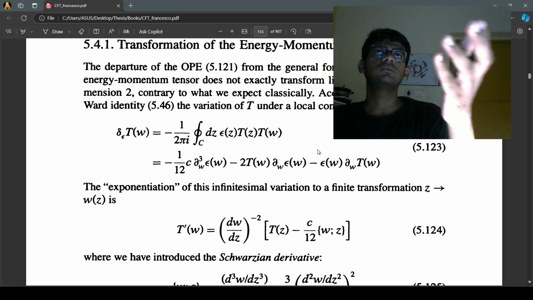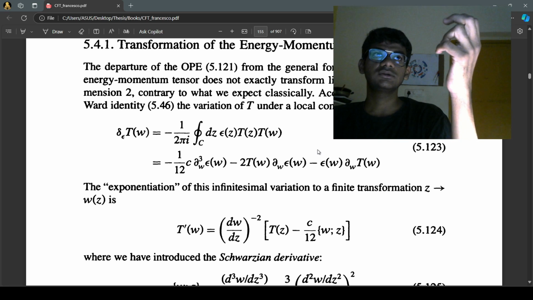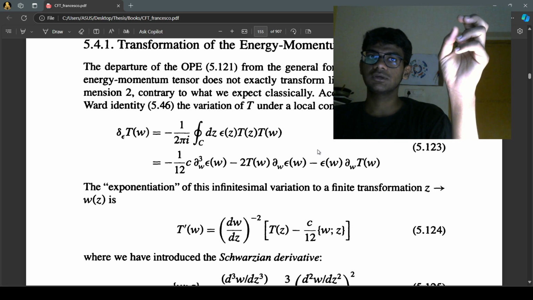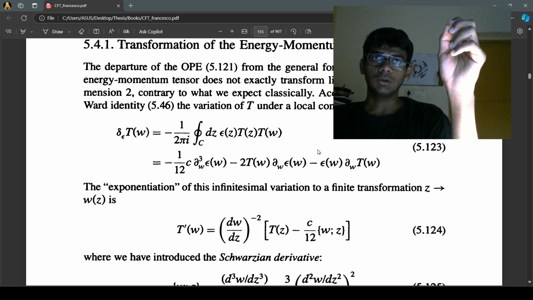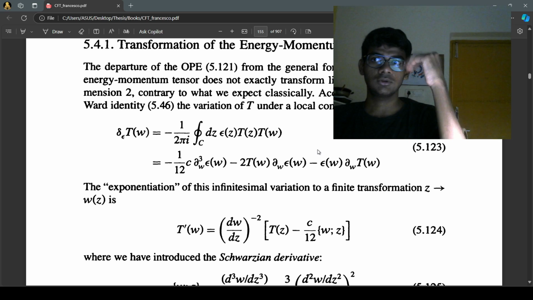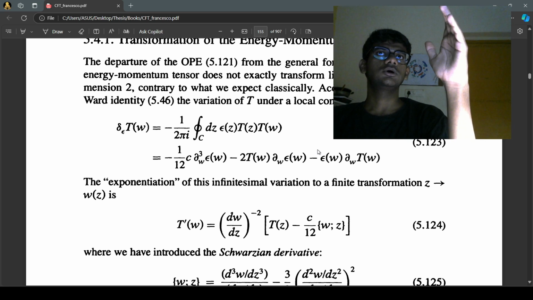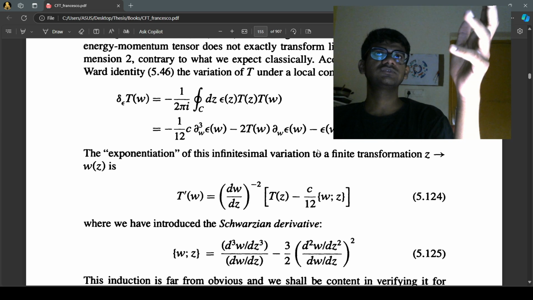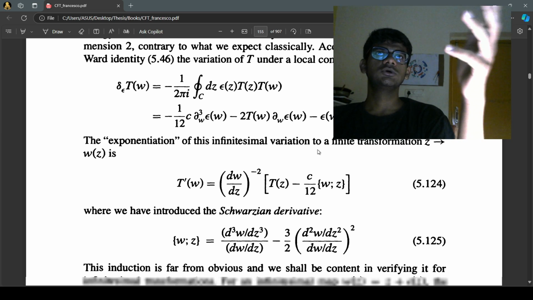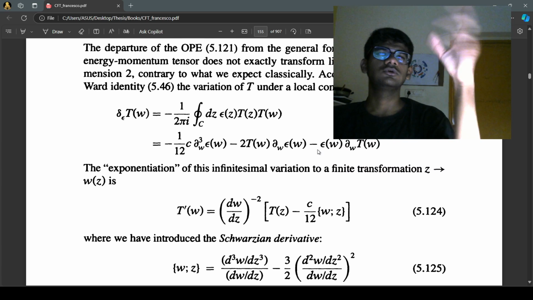Now you use the conformal Ward identity, which is a general Ward identity that doesn't need to be applied on primary fields only. That was the discussion in the previous section. So you consider the variation of this T at W with respect to holomorphic variation.